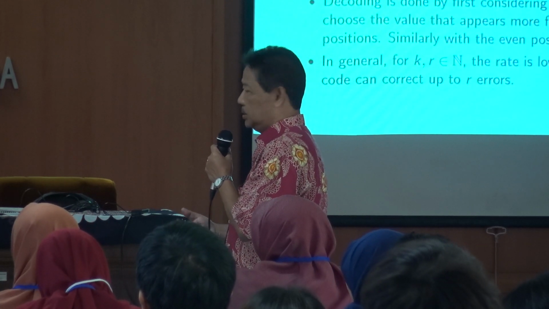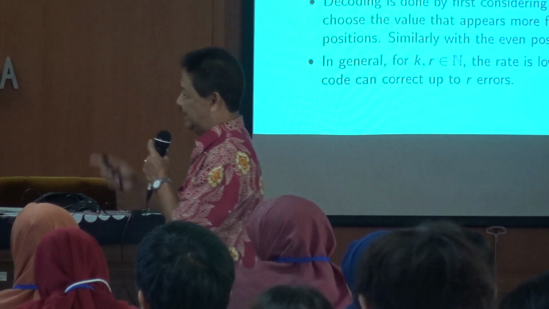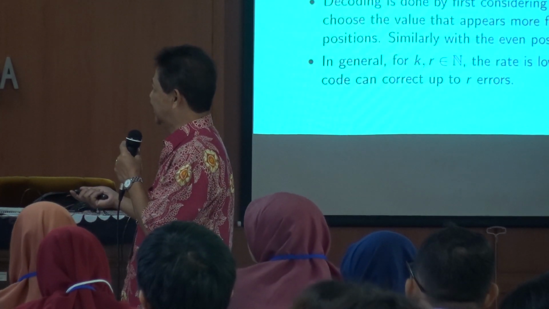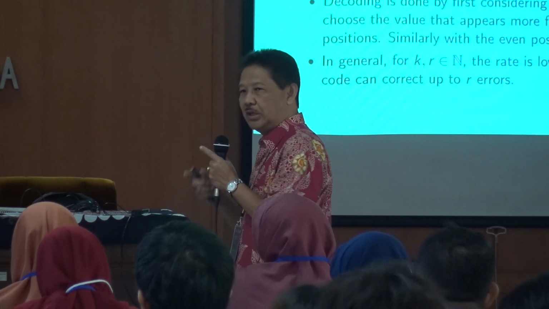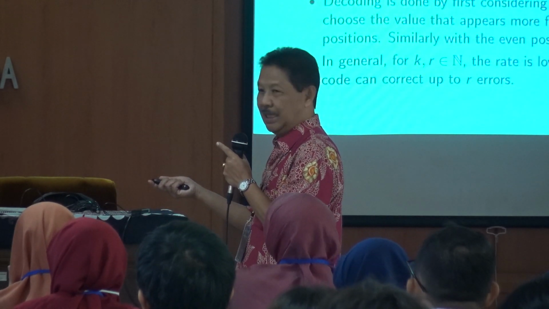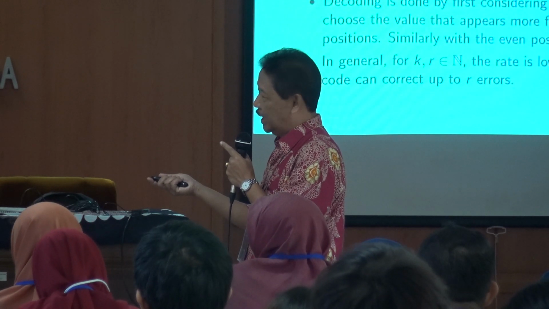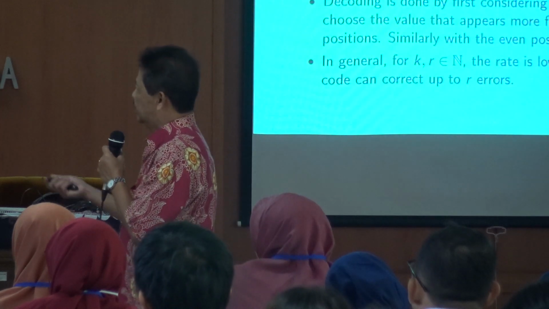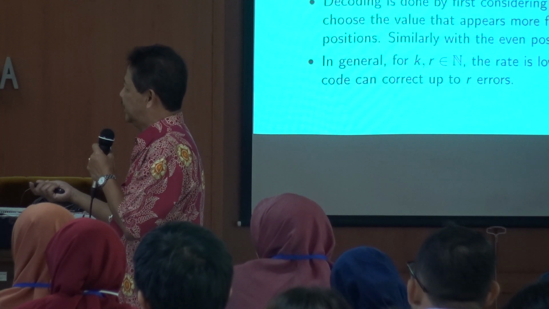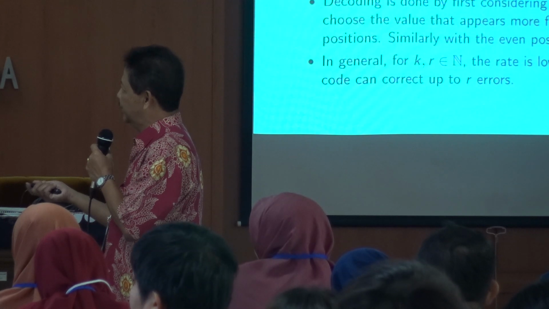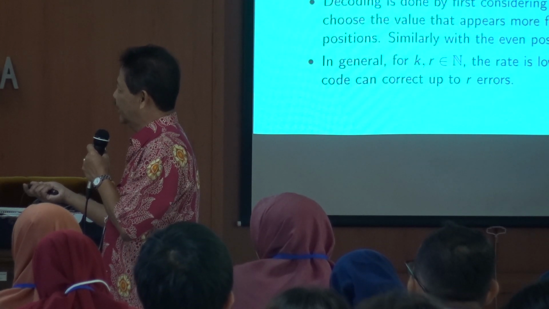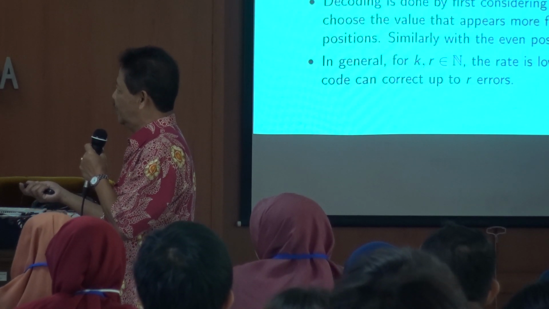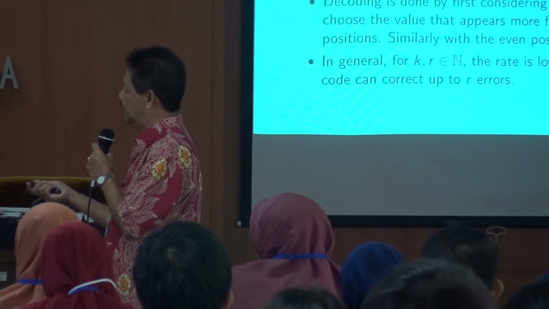And then how to decode? We check the first digit, which occurs in the odd position. The positions of 0 are the odd ones, that is 1, 3, 5, 7, and 9.